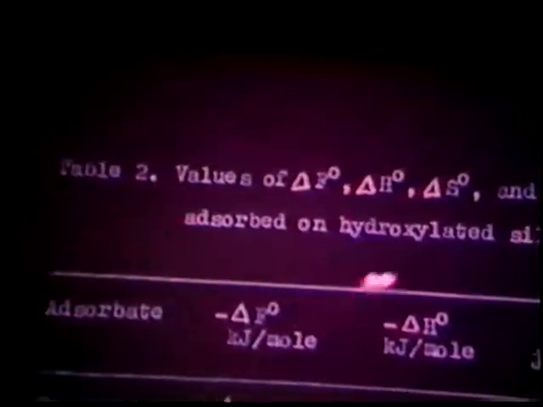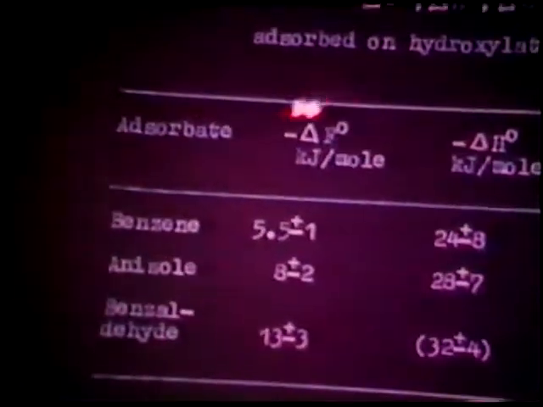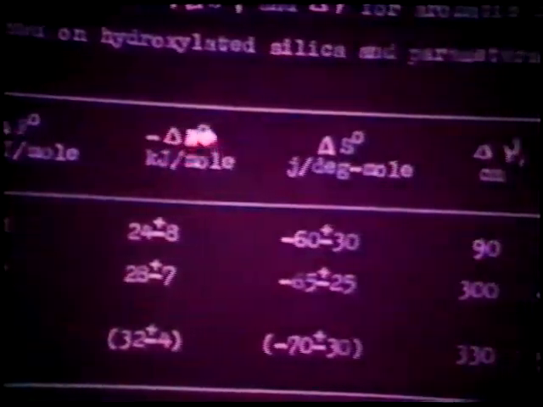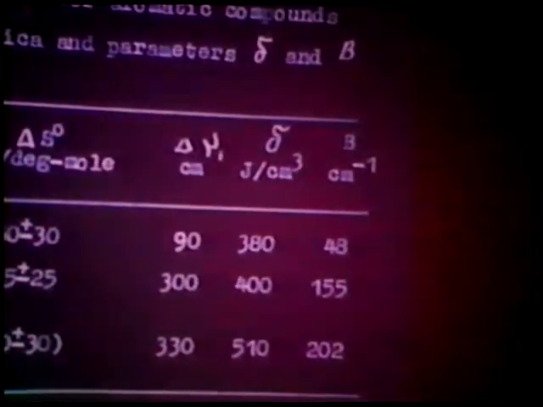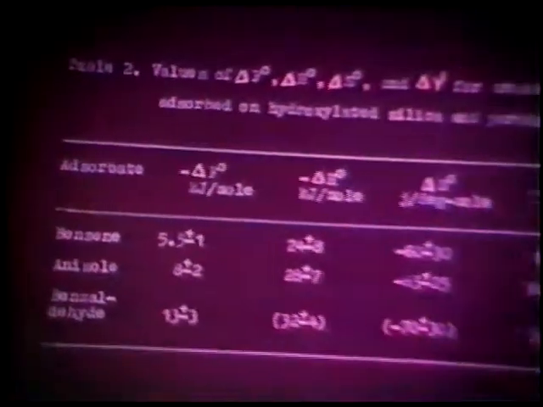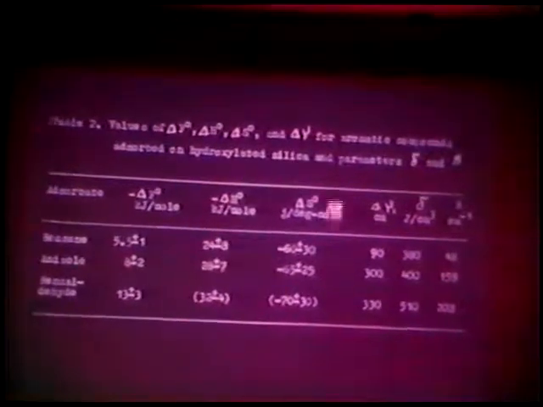Here I indicated some thermodynamic functions for the investigated system. That is free energy of adsorption, that is enthalpy of adsorption and entropy of adsorption. I didn't want to comment on this because you see this quantity.